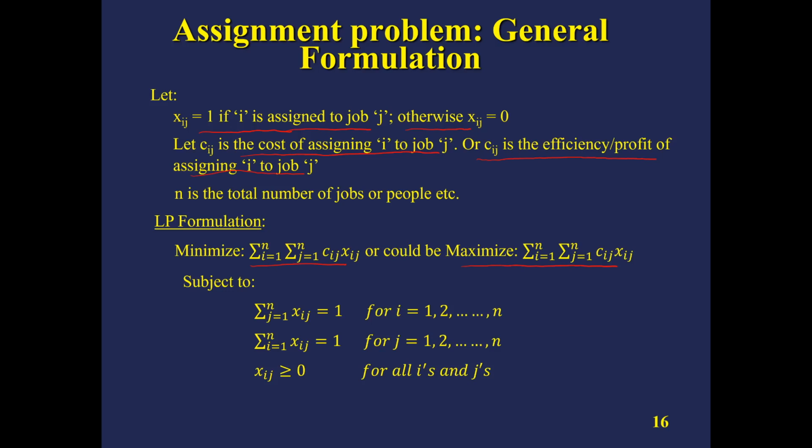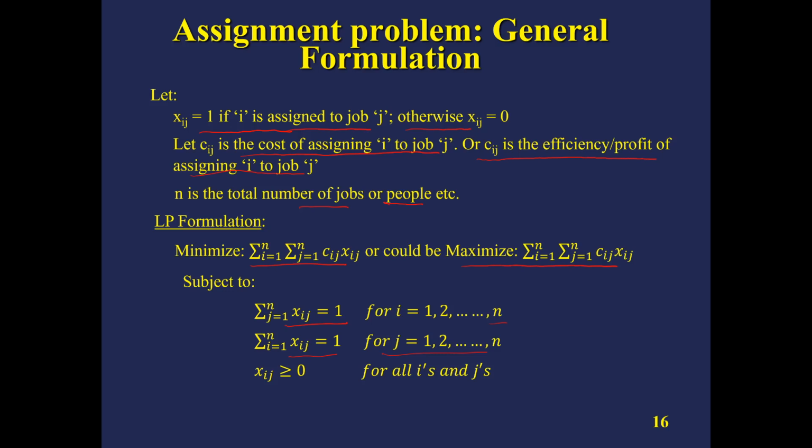The sum of xij is equal to 1 for each j from 1 to n, and the sum of xij is equal to 1 for each i from 1 to n, where n is the total number of jobs or people. As you can see, the number of jobs and the number of people should be the same. So n is the same for i and j. And as said earlier, the total should be 1 because one person will be assigned to one job.